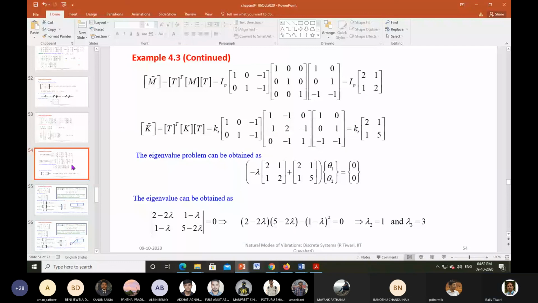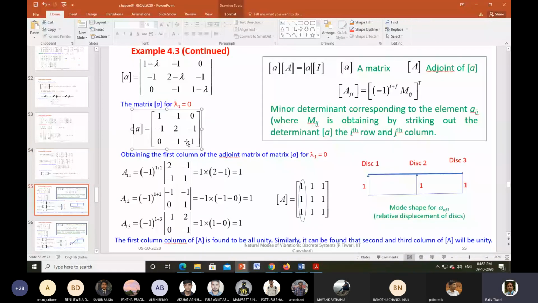Which matrix? The A matrix. The adjoint matrix, sir, for the second value of lambda. Okay, I'll check it. So this is the first case. The second case, sir, lambda 2. This one, it's the second case. So what is there?